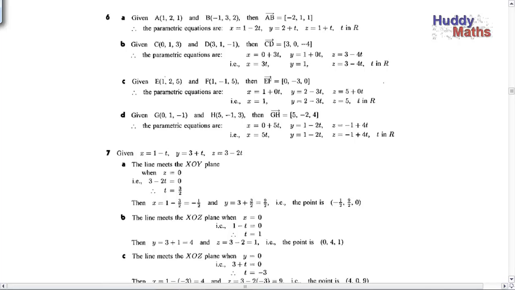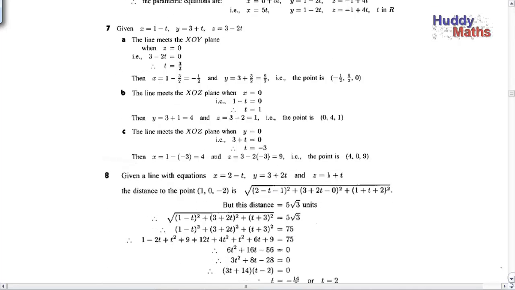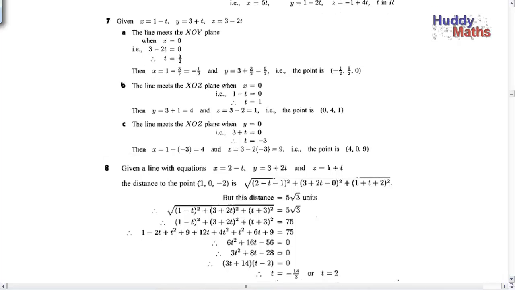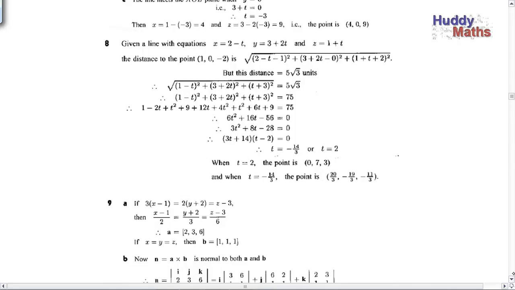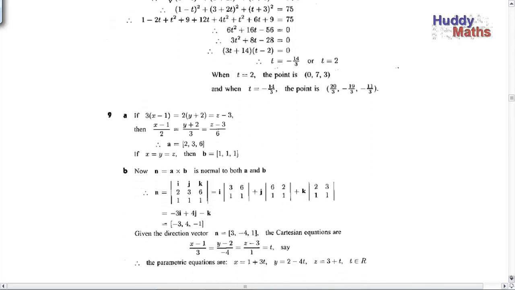I think probably 7 is the more challenging one here. There's 7 part of 8, and there's 8, and then 9.